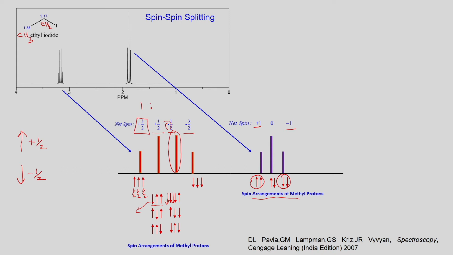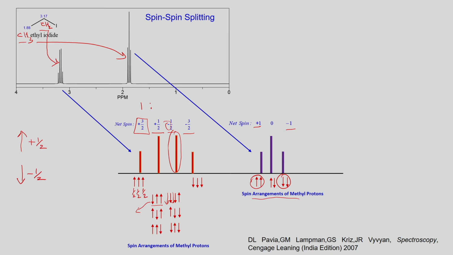So, in summary, if I want to summarize what we are getting, in the case of this ethyl iodide, we just saw that the methylene group and the methyl group are split. The methylene group is showing up here, as I told you, because it is closer to an electronegative atom.